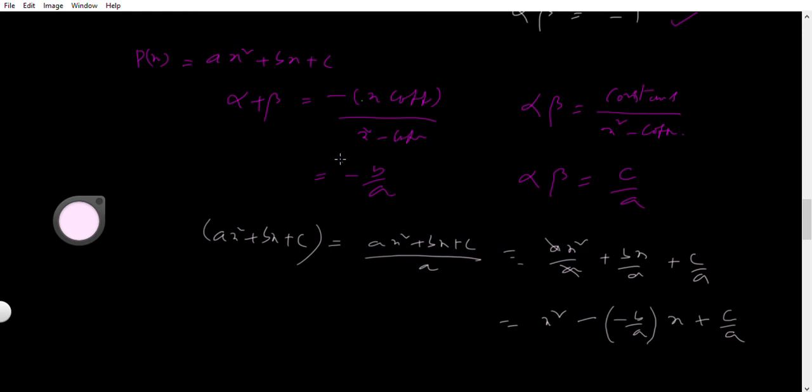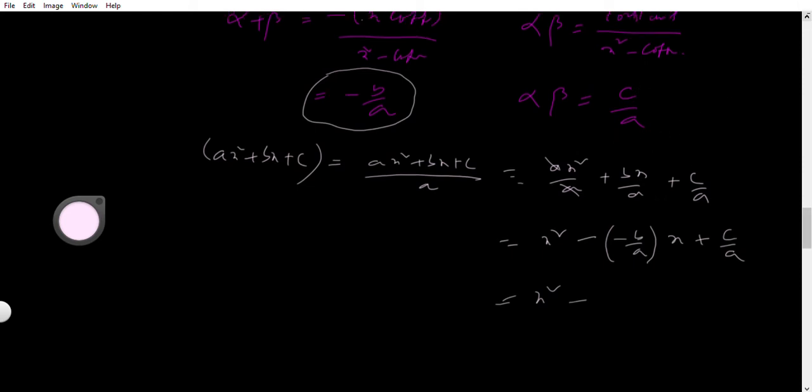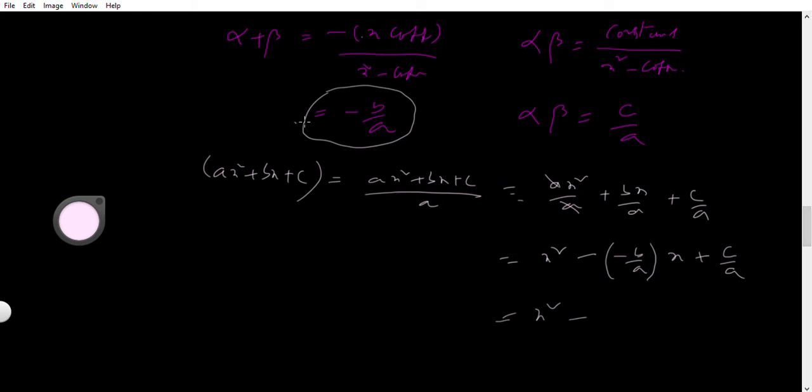We know the relation between coefficients and the sum and product of zeros. I would like to use that technique here. See here, x square minus b by a is nothing but alpha plus beta times x plus alpha beta, which is c by a.